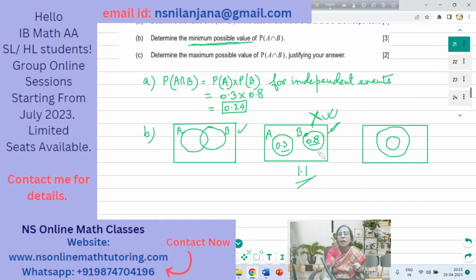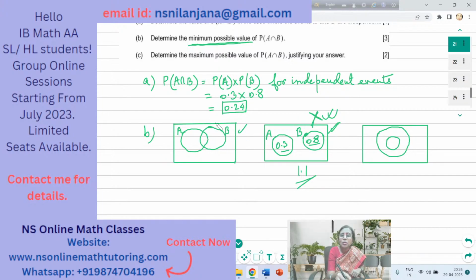If one is happening, the other cannot happen, because if one is happening and the other also happens, then there will be an overlap. So it is a case of mutually exclusive. But A and B will not be mutually exclusive, because the sum total of these probabilities is more than one, which cannot be taken. So it is not valid, it's not correct.